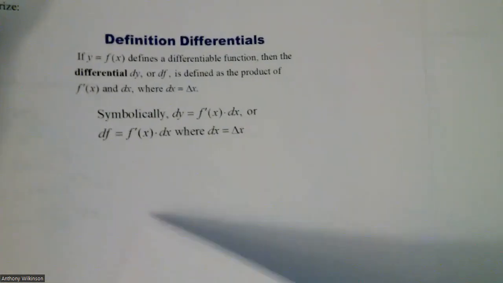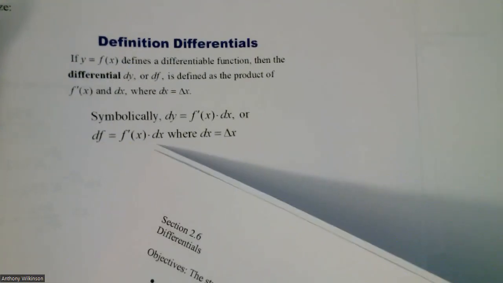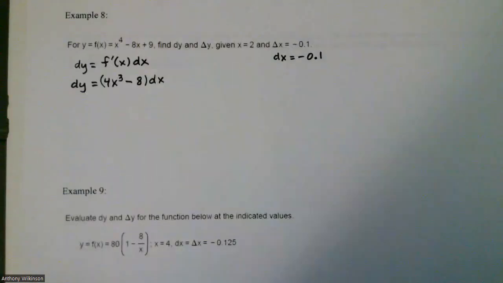If you remember, f prime of x dx, that means dx is going to be equal to delta x, the change in x. So if the change in x is negative 0.1, that means dx will be negative 0.1. Right. Now let's find what dy is going to be.